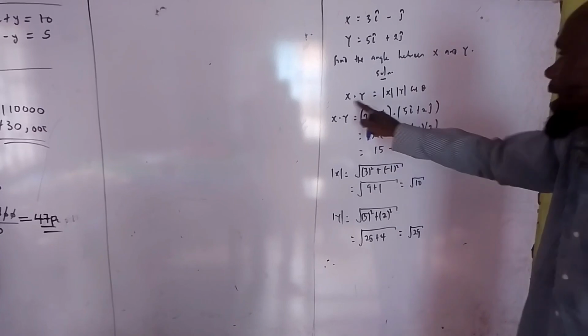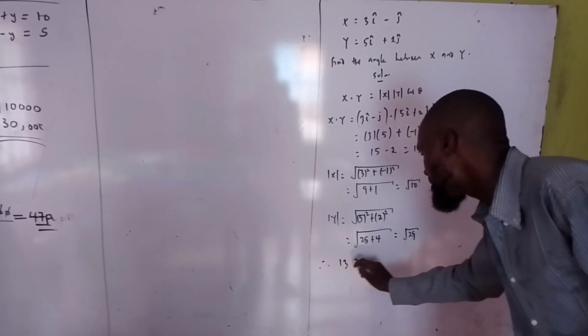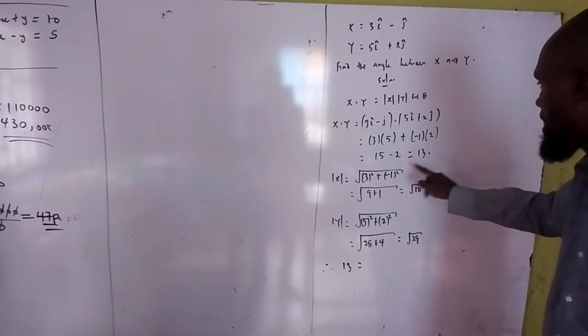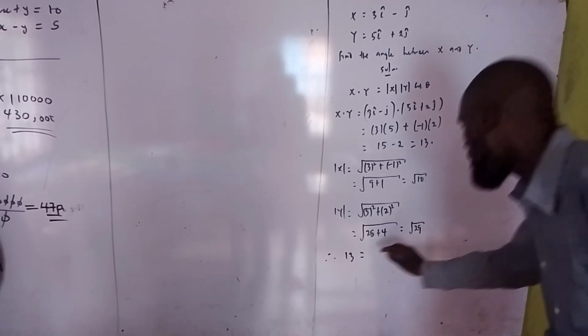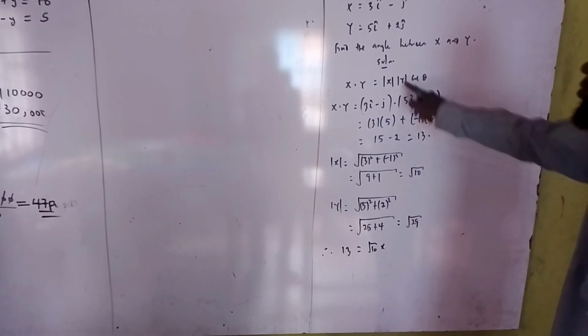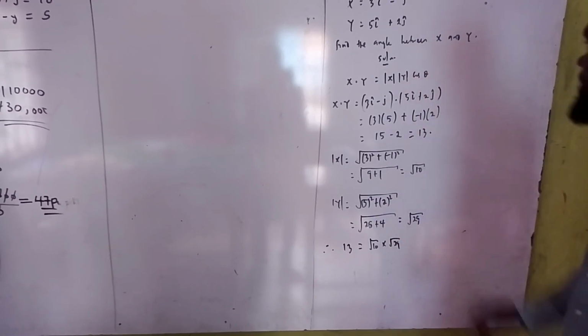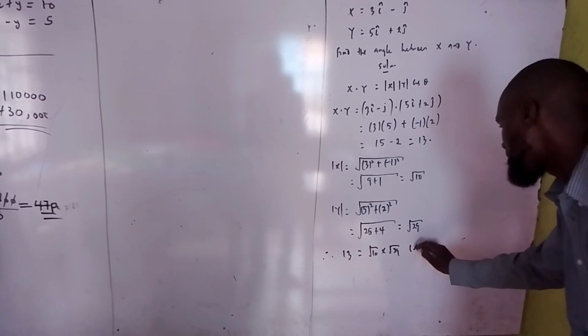Therefore, our x dot y, that is 13, is equal to our magnitude of x, the square root of 10, multiplied by our magnitude of y, the square root of 29, multiplied by cos theta.